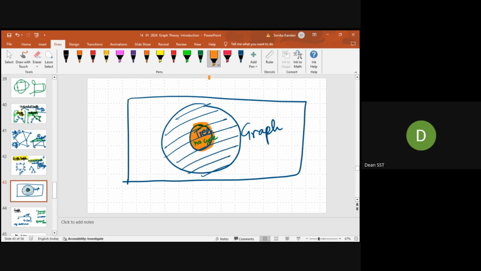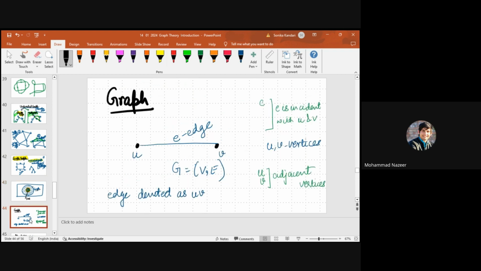And this is a tree, that is, a graph without a cycle. Now you know the difference between tree and graph? So every tree is a graph, but every graph is not a tree. Clear?